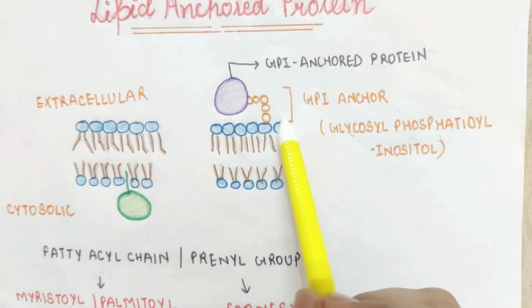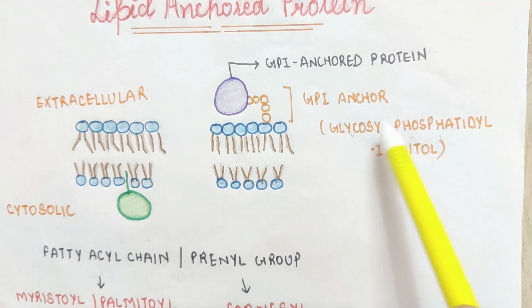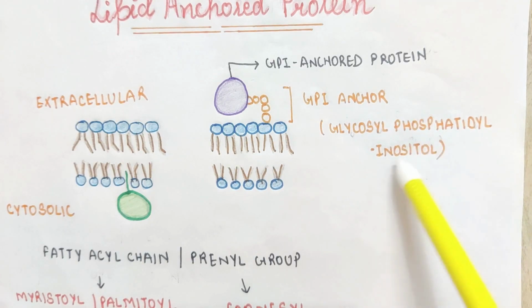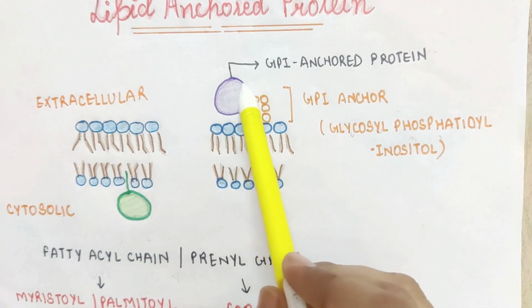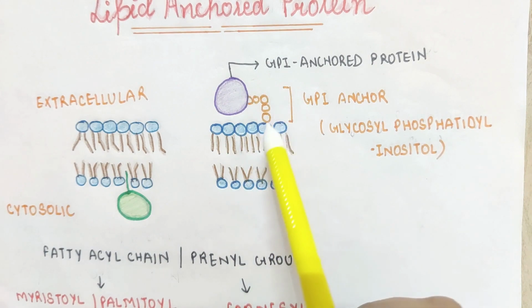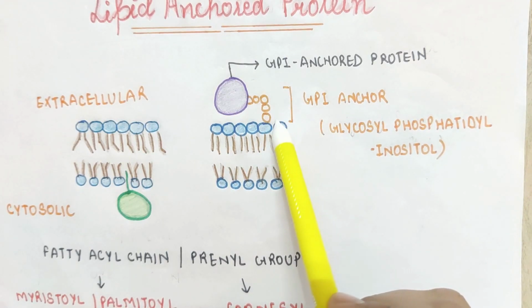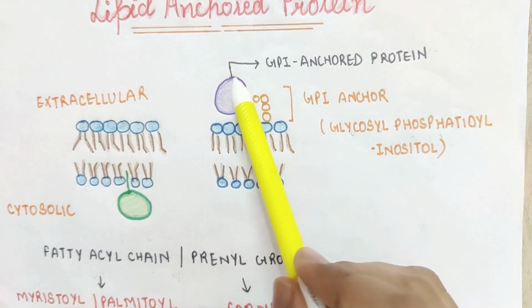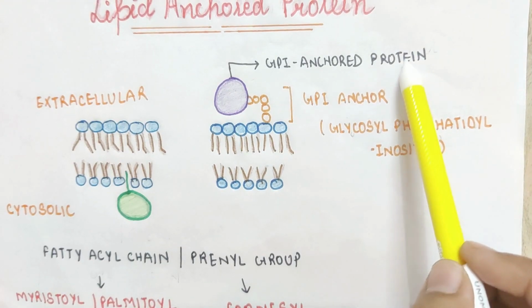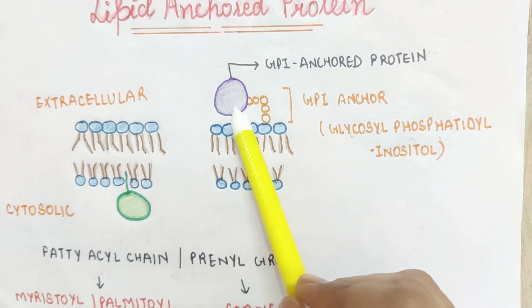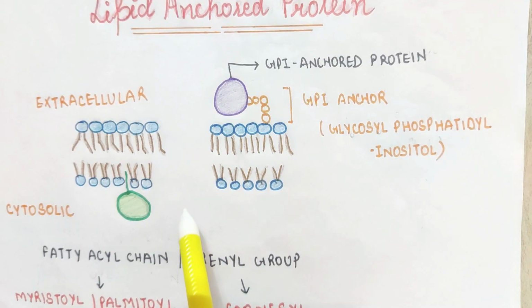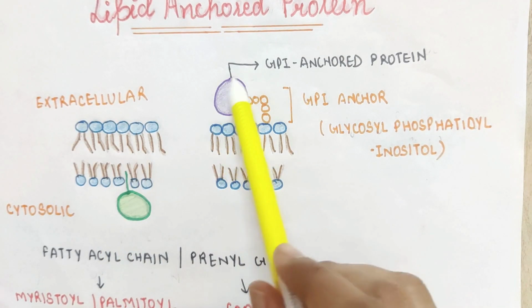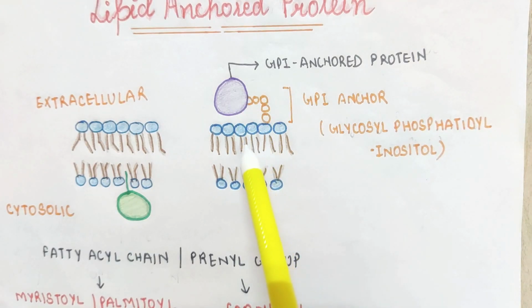And this kind of anchor is called a GPI anchor, which is glycosyl phosphatidyl inositol, where the protein is linked to a lipid via an oligosaccharide chain. This kind of protein is called a GPI anchored protein and it is found on the extracellular side of the cell.